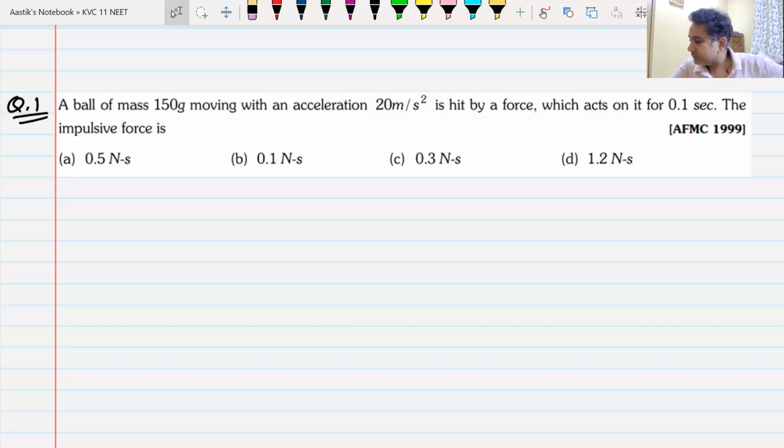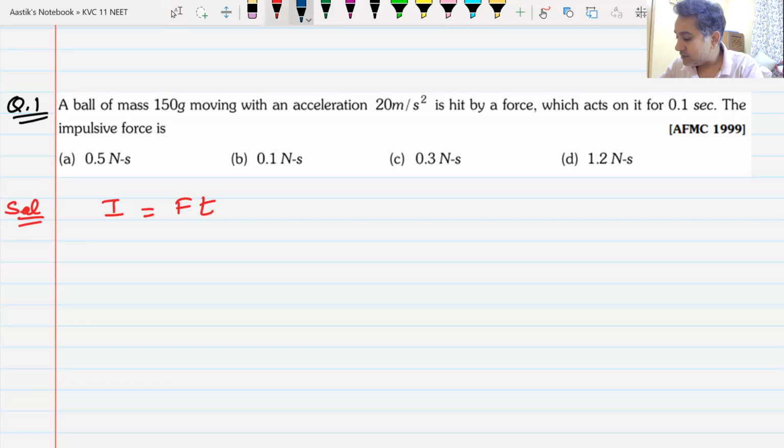0.3, sir. Newton second. And that is the correct answer. Well done. How are you supposed to do it? To find the impulse of the force, you have to take out the force and multiply it by the time. Mass is given to you, acceleration is given to you, and time is given to you.